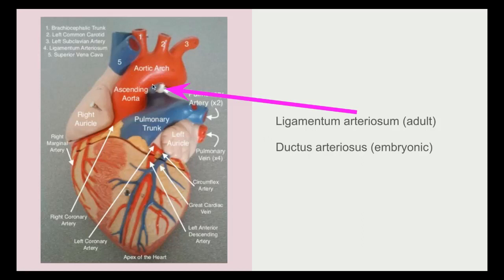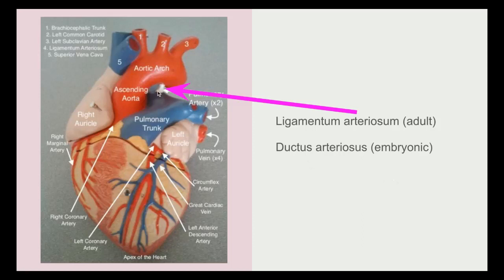Now when an embryo is in utero, it's actually advantageous to have flow shunting between here. But once you are born and your heart is functioning on its own, you are no longer relying on the maternal source for the oxygenated blood and pumping abilities, then this becomes just a ligamentous structure.